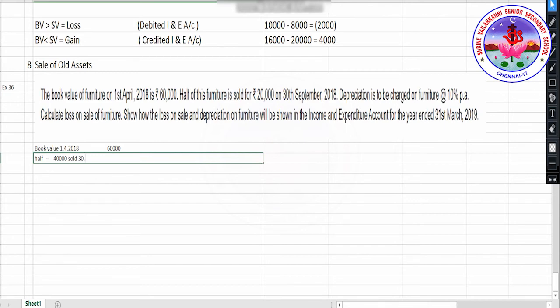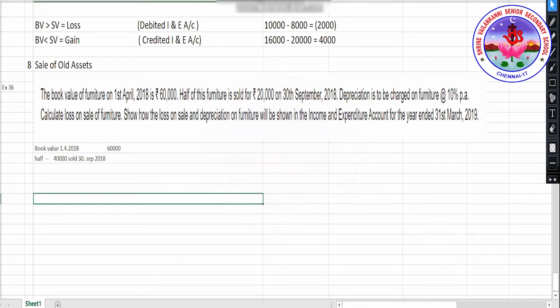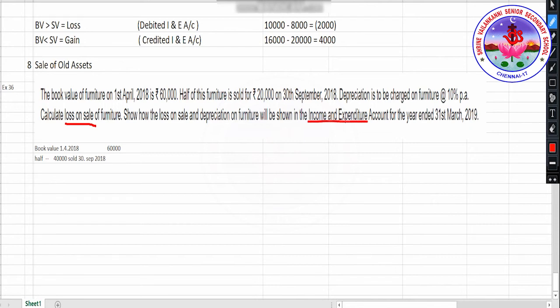Depreciation is to be charged on furniture at 10% per annum. Calculate the loss on sale of furniture. We know that it is a loss. Show how the loss on sale and depreciation on furniture will be shown in the income and expenditure account for the year ended 31st March 2019. This is the question.